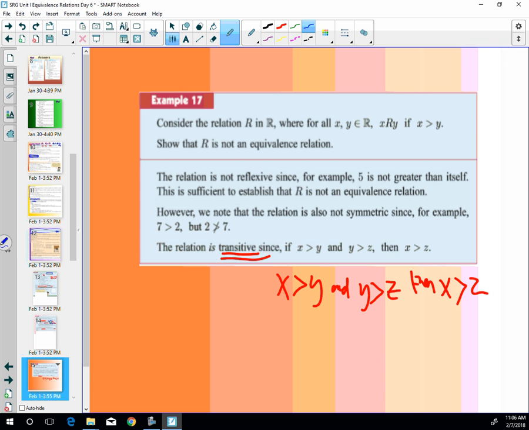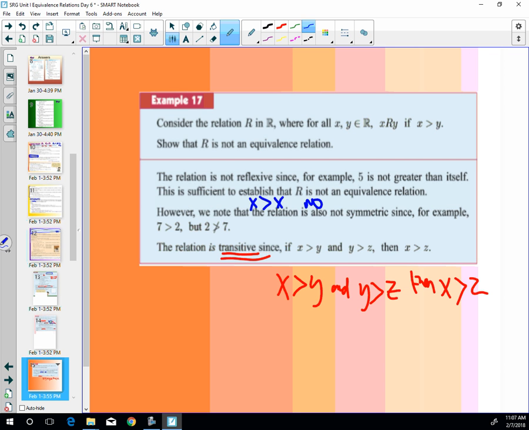Okay, let's see about reflexive. Can x be greater than x? We're saying for all x, x greater than y is my relation. Can x be greater than x? No. So this would be not. You can't have 5 greater than itself.